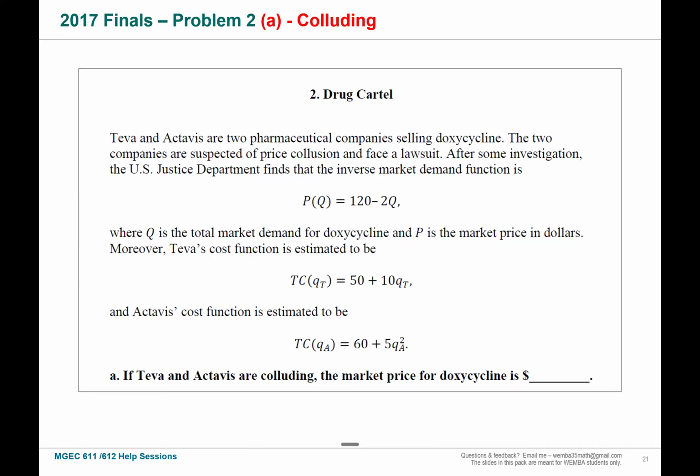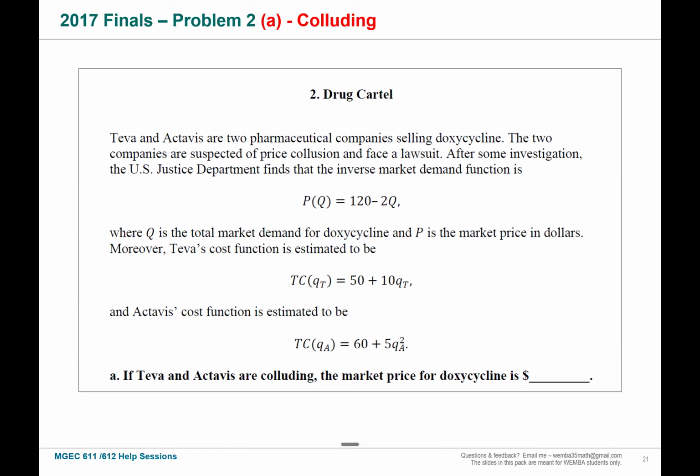So we have a demand which is given as 120 minus 2q. Moreover, the cost functions of the two companies, Teva and Actavis, are given. If Teva and Actavis are colluding, the market price for doxycycline is what? So for collusion, what's our formula? Our formula was MRT equals MC1 equals MC2.